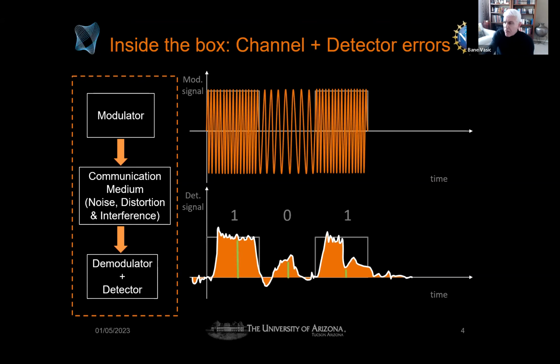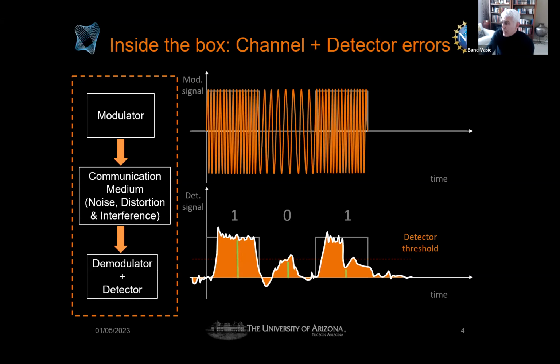You see how the sample for the first one is large, the sample for the second is relatively small, and then for the last one we should have a larger sample, but we get a lower sample. Then we can put a threshold and compare whether these samples are large or small.